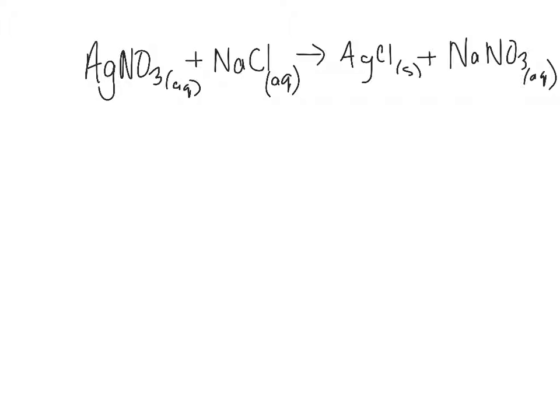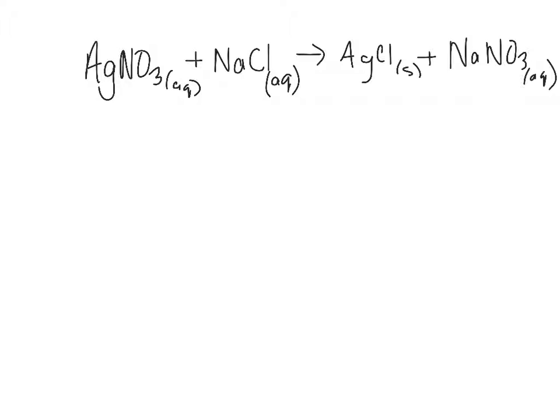But what do we need to know about silver chloride? They're both aqueous. No, that's a solid. Silver chloride is a solid. How do we find mass if we know the number of moles? What's the other piece of information that you can calculate just from a formula? Oxygen is 16.